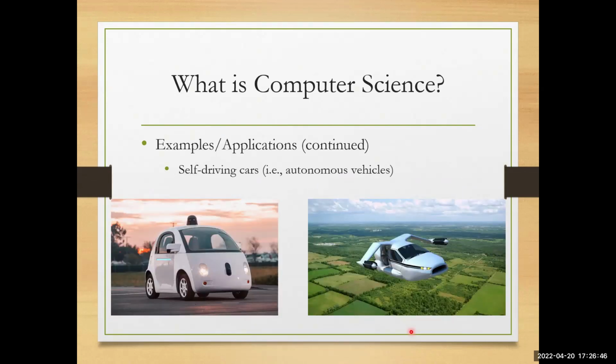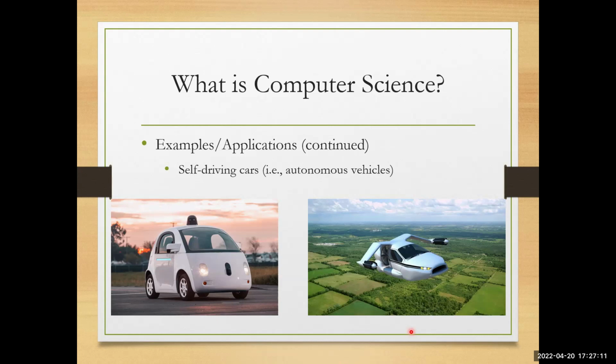We can also use the knowledge from computer science to build self-driving cars or autonomous vehicles, right? Because these self-driving cars or autonomous vehicles are actually very similar to a computer, except that their main focus is on self-driving instead of general purpose computation.